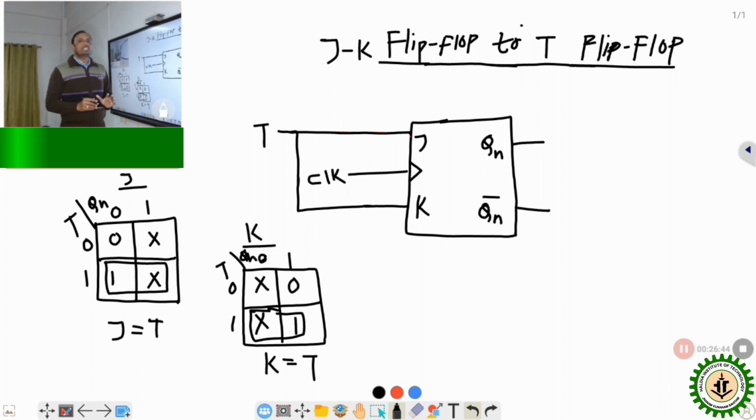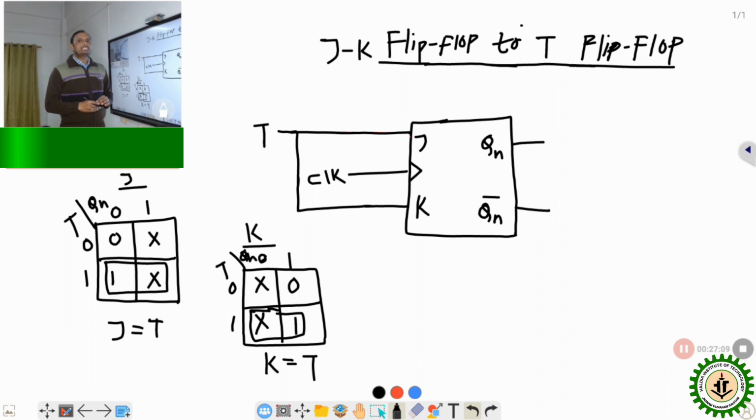So this is the process for conversion of flip-flops. That means between any flip-flop and another flip-flop we can easily convert according to our requirement. I think we can understand a little bit of the idea regarding that particular conversion process.